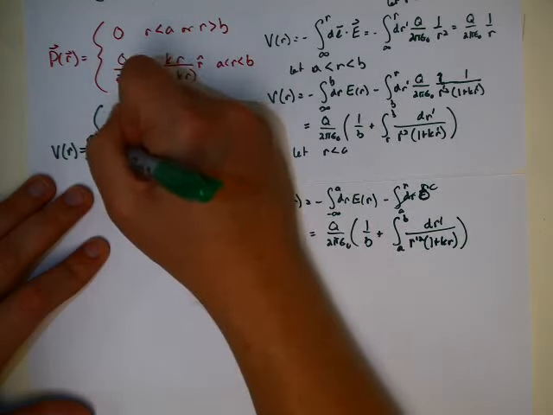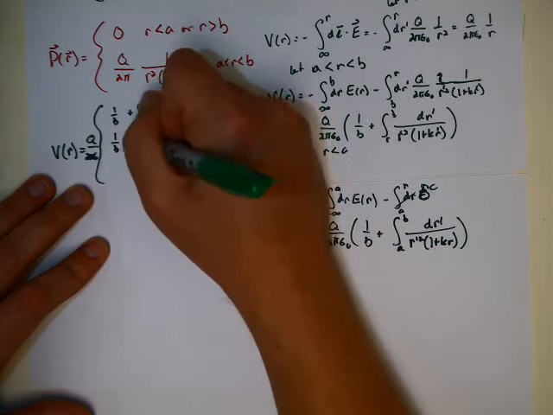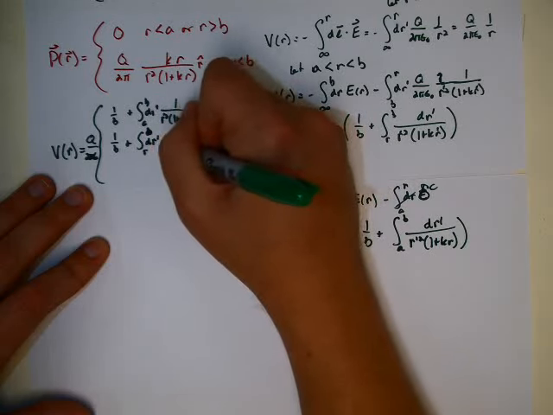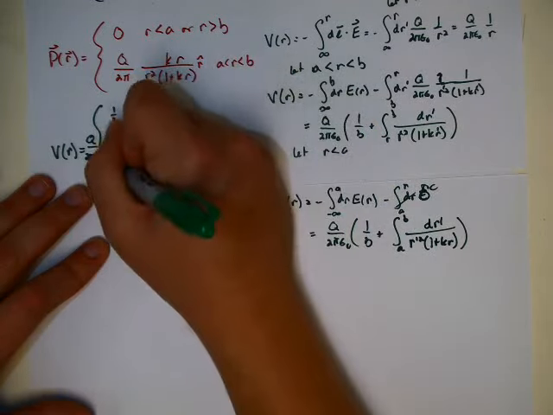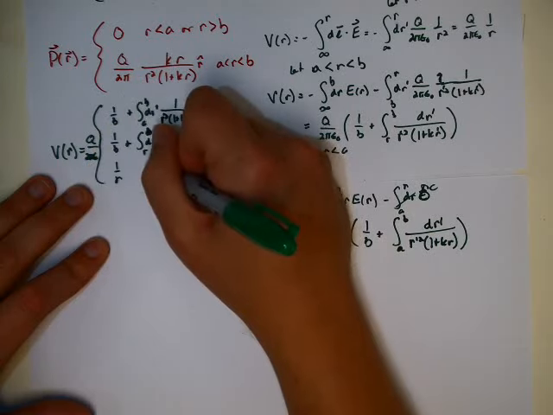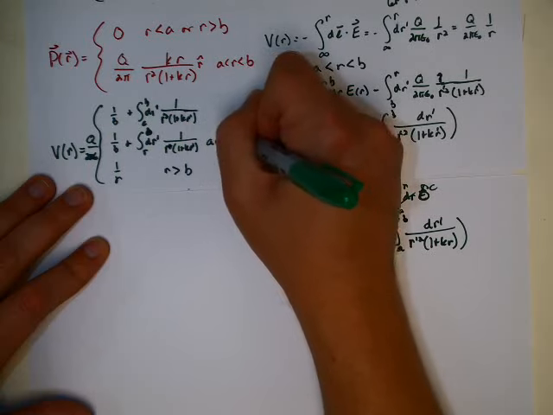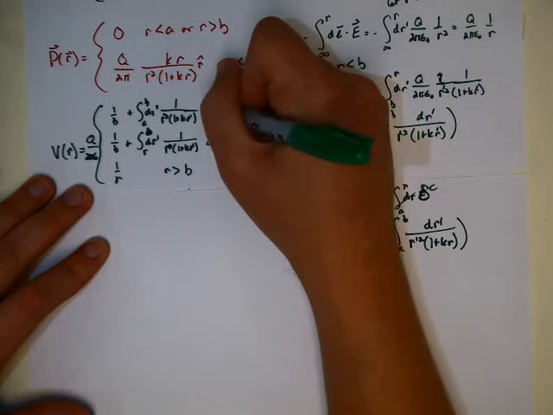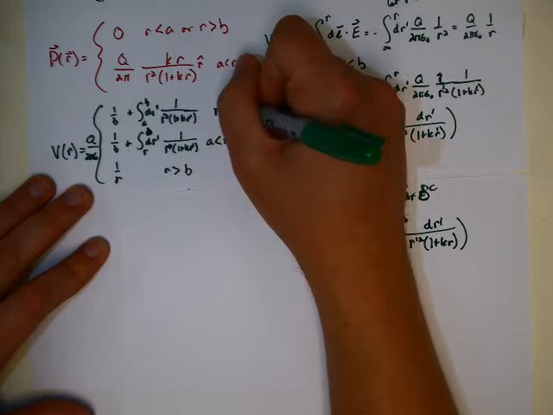And then 1 over b plus the integral from r to b, dr prime, 1 over r prime squared, 1 plus kr prime. And finally, we're just going to get 1 over r. And this is for r greater than b, for a less than r less than b, and then for r less than a.